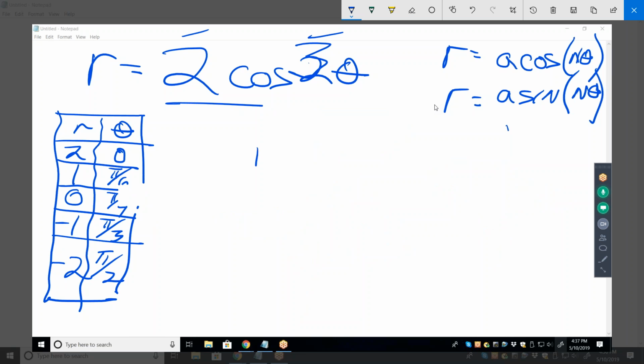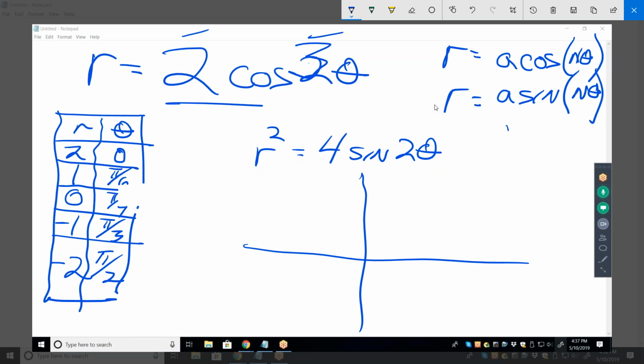If you have this function, if you make a table and connect the dots, first point is right there.